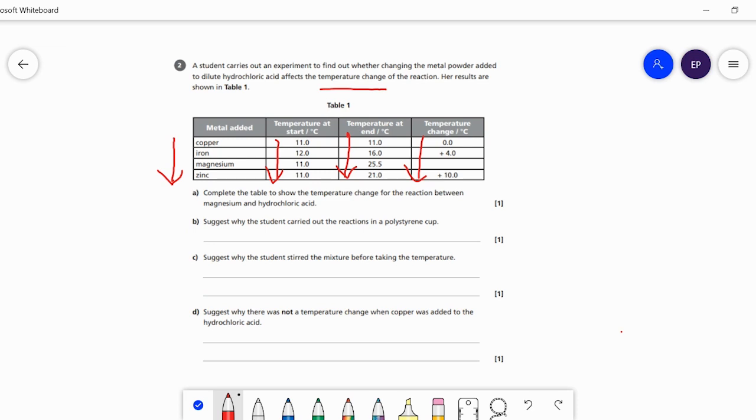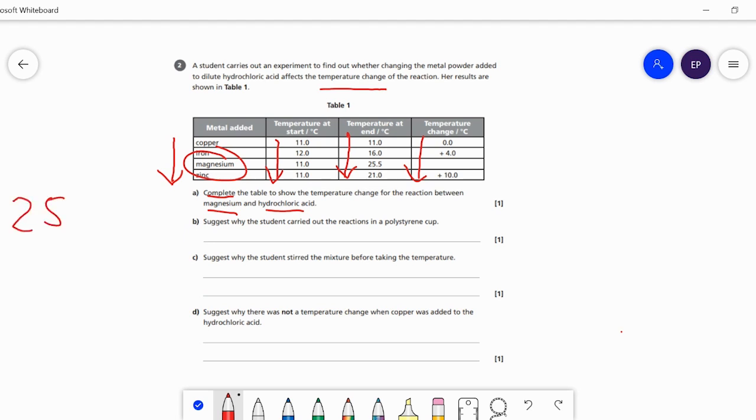A. Complete the table to show the temperature change for the reaction between magnesium and hydrochloric acid. Now we can see that the magnesium has a starting temperature of 11.0 degrees and the temperature at the end was 25.5.